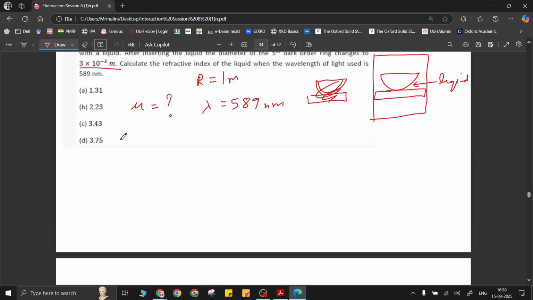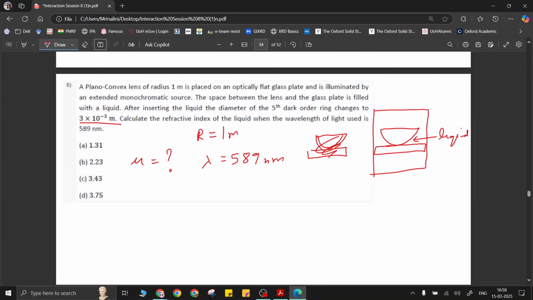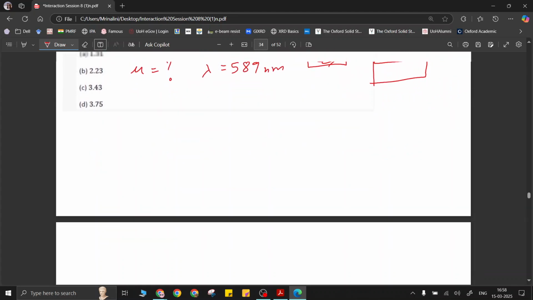Now let's see. When a ray of light passes through a medium having refractive index mu, its wavelength changes. We know refractive index is defined as the speed of light in air or vacuum to the speed of light in the medium.